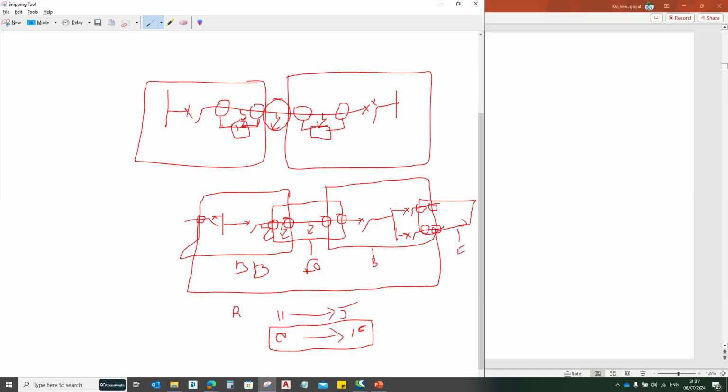66 kV, 132 kV, as well as 400 kV, 765 kV, these are all very important voltage levels, because in these, all the substations are interconnected. If there is any problem with one feeder, it is going to impact power supply to the next feeder as well.